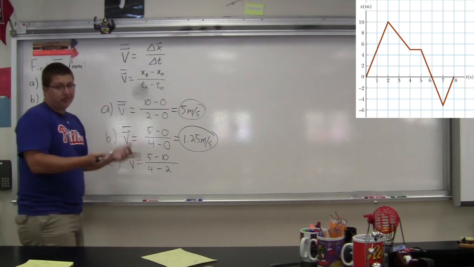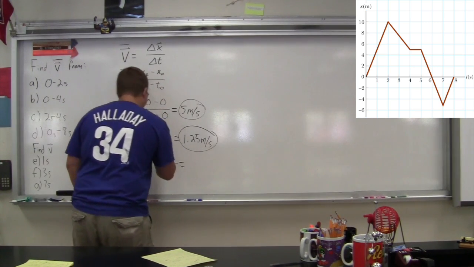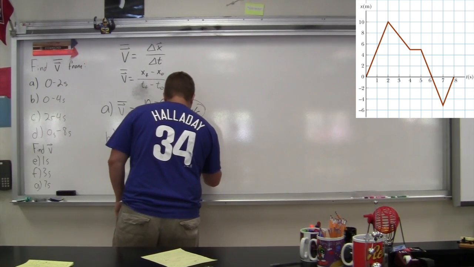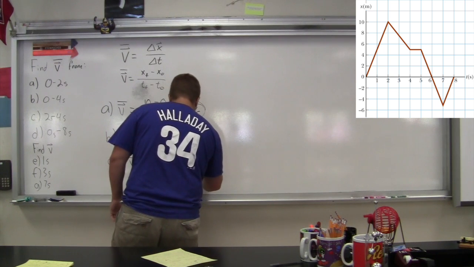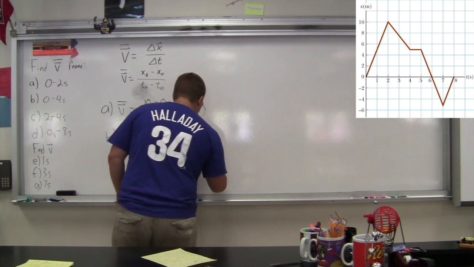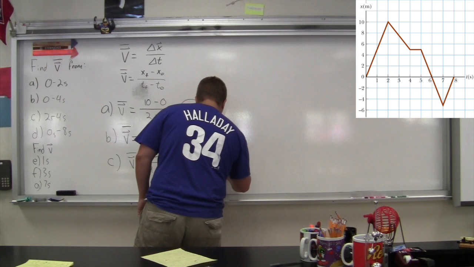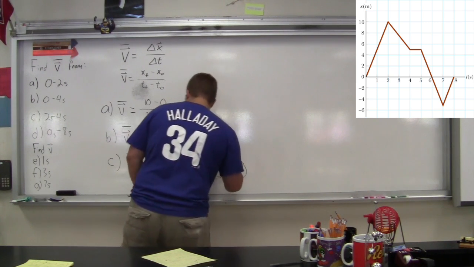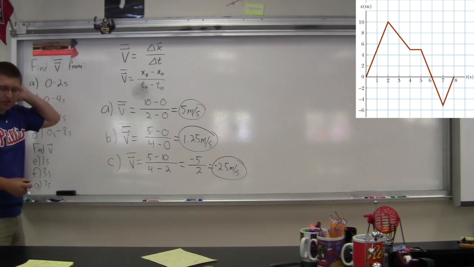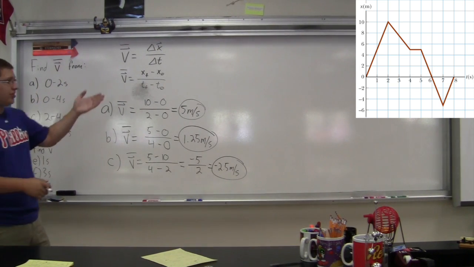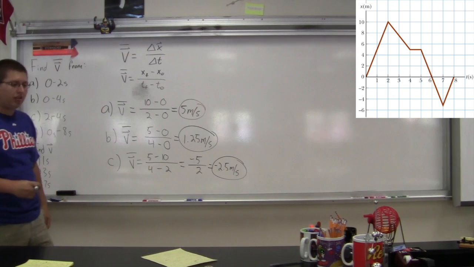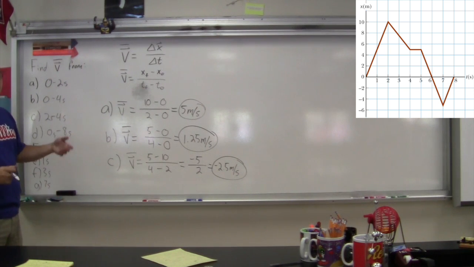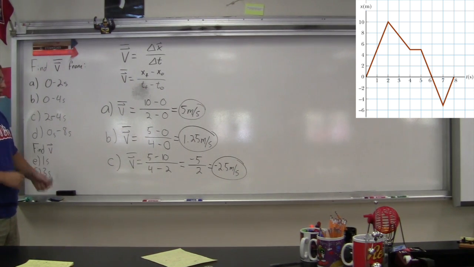So in this case, we don't have zeros that just cancel out. You get 5 minus 10, which is negative 5, over 4 minus 2, which is 2. And so you should get negative 2.5 as your average velocity for part C. Also makes sense. You can see the slope of the graph is negative. It should have a negative average velocity.